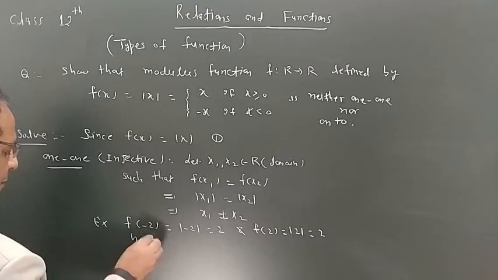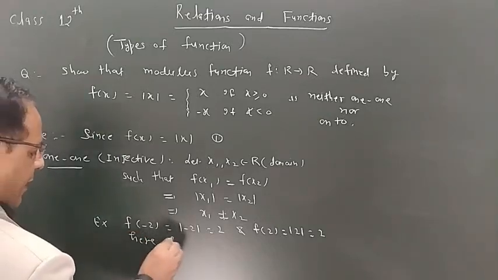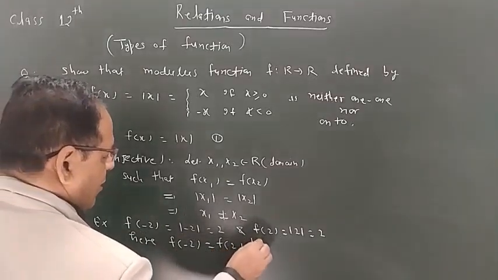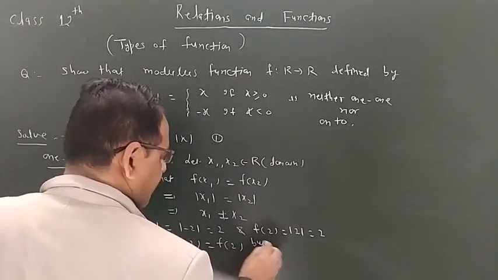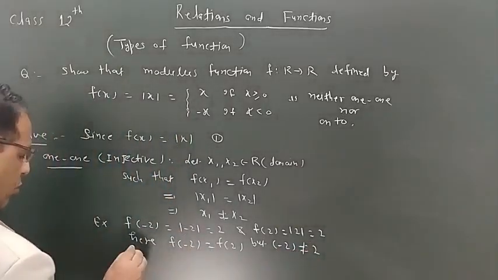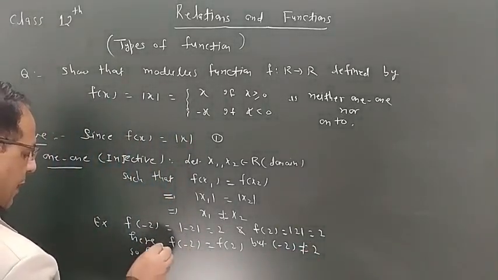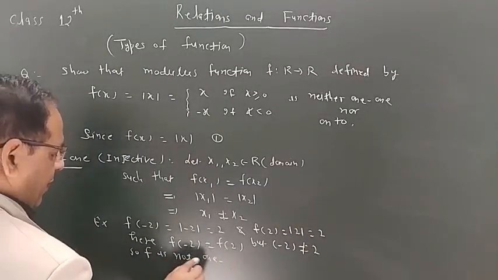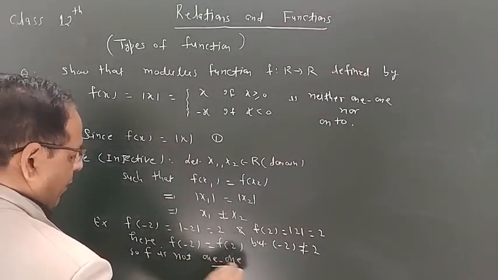Here f(-2) equals f(2) but -2 is not equal to 2. So f is not one-one.